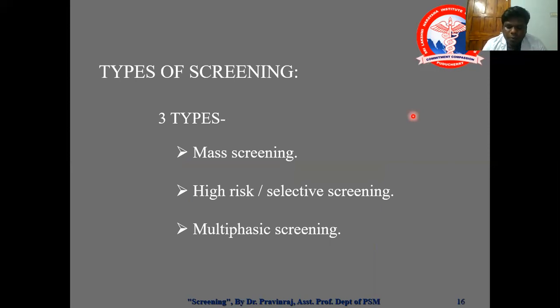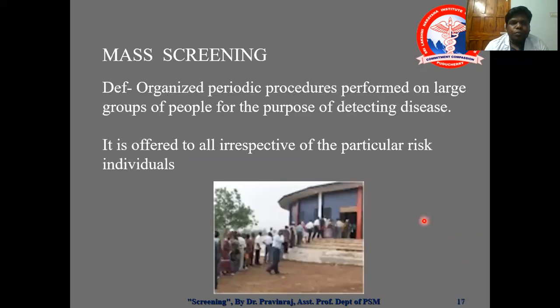Now we are going to see what are all the types of screening tests that we have. One is mass screening, then high risk or selective screening, and multi-phasic screening. Other things are also there, like multi-purpose screening, that we will see. So mass screening is nothing but screening a large group of people for the purpose of detecting disease.